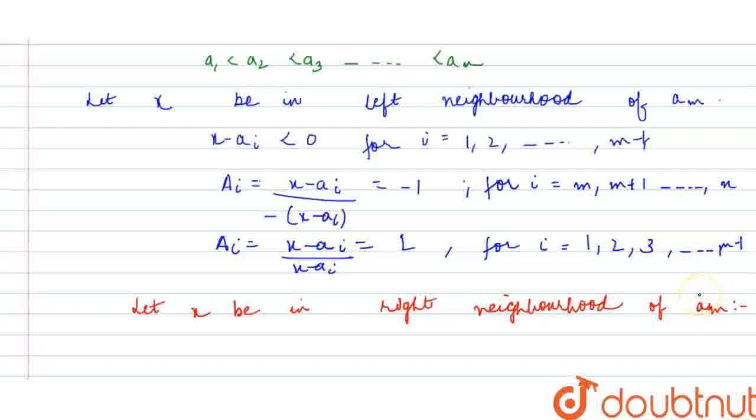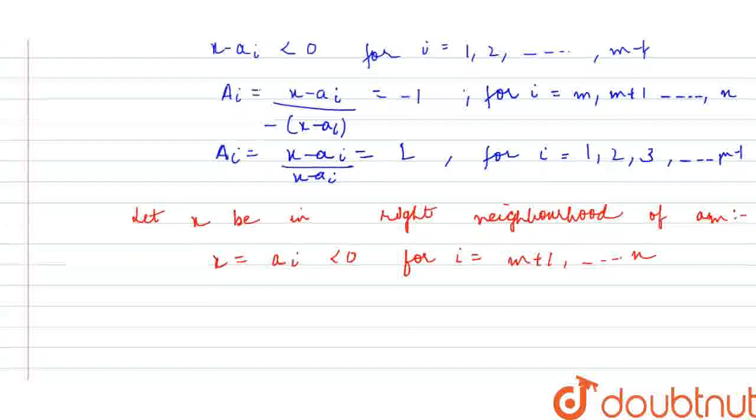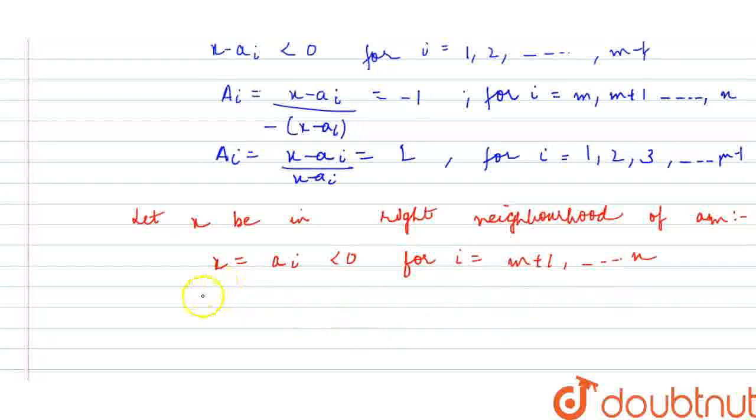If this is the case, then x minus ai would be less than 0 for i equal to m plus 1 up to n. So x minus ai would be less than 0 for i equal to 1, 2, 3 up to m.